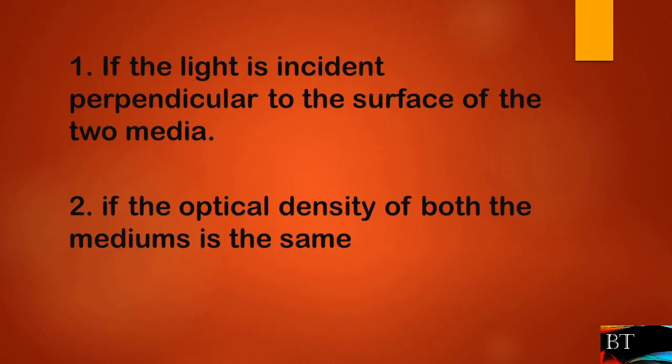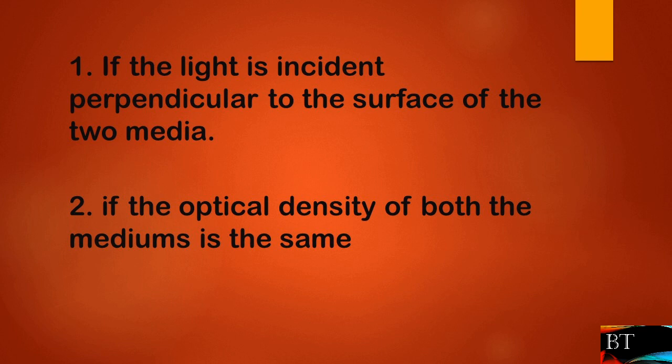So the condition for no change in direction of light ray on refraction is when angle of incidence at the boundary of two media is 0, that is, the light falls normally on the surface separating the two media, and secondly, when the optical density of both the mediums are same.